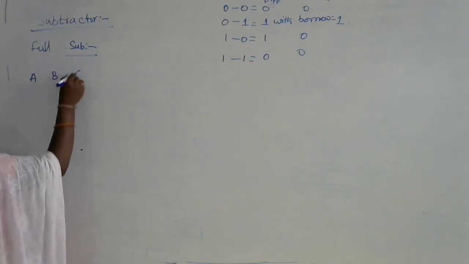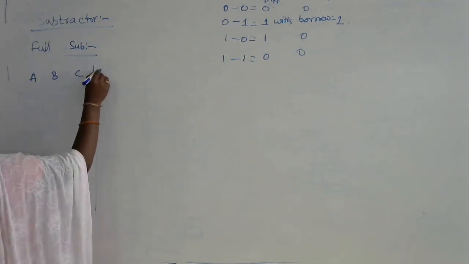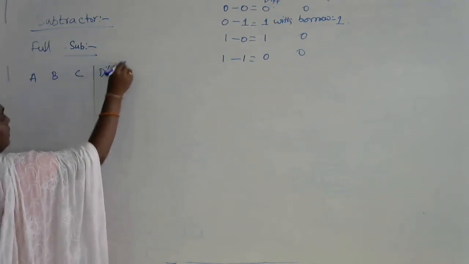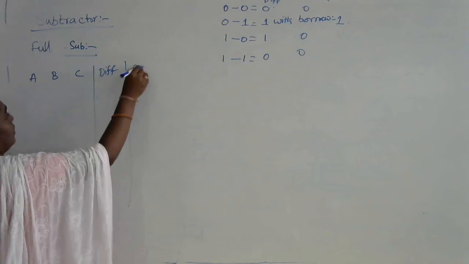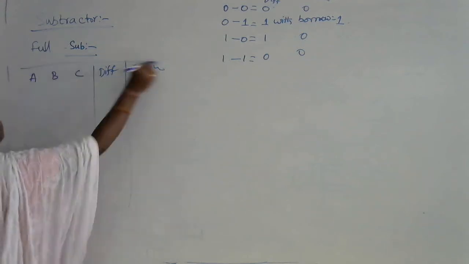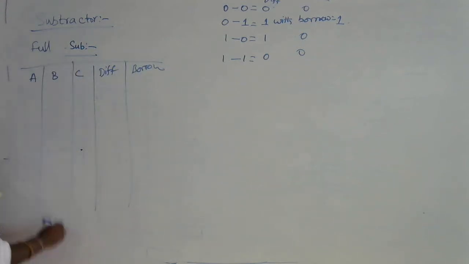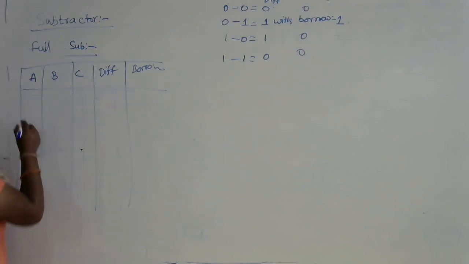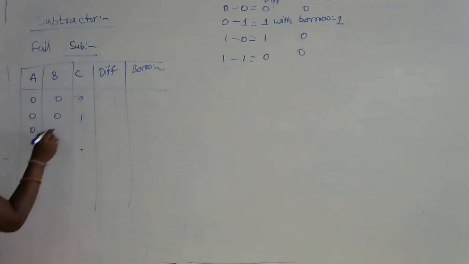A, B, C are the three variables, and difference and borrow are the outputs. If we have three inputs, we can have eight combinations, from 0 to 7.